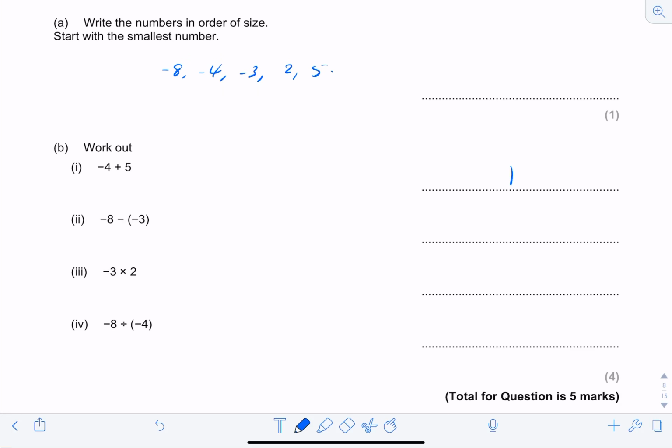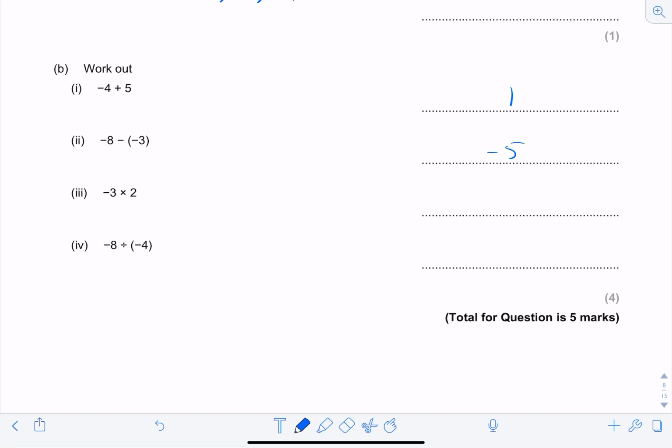On a calculator, -8 minus brackets -3 close brackets equals -5. I love my calculator. -3 times 2 is -6. -8 divided by brackets -4 close brackets equals 2. I love my calculator. It's so lovely.